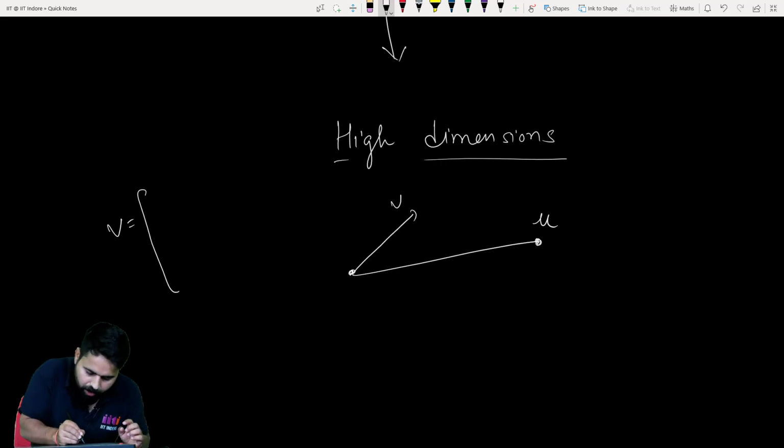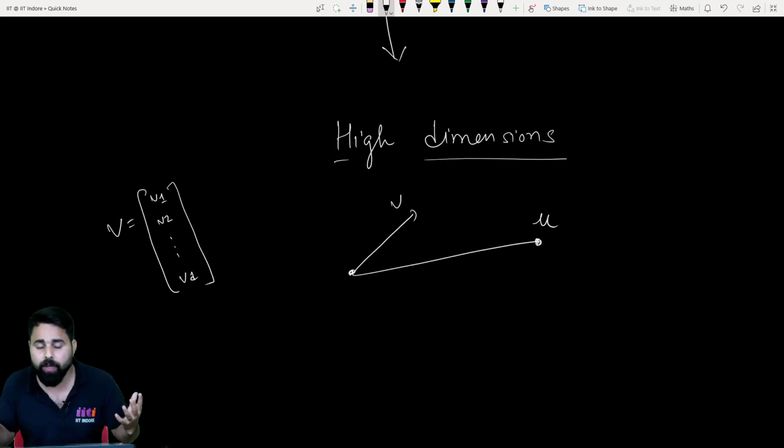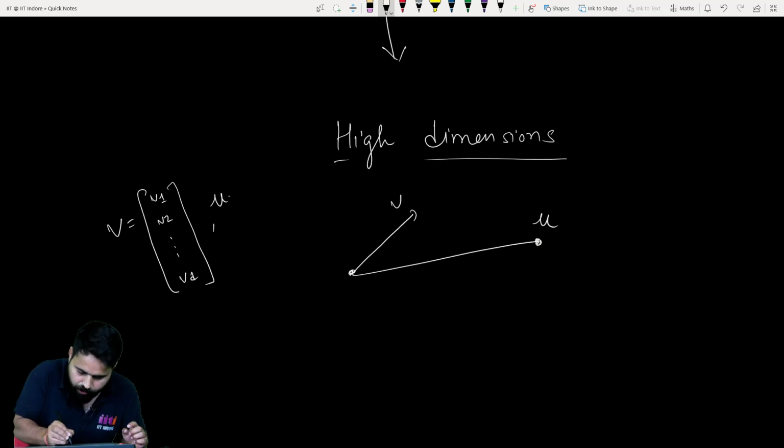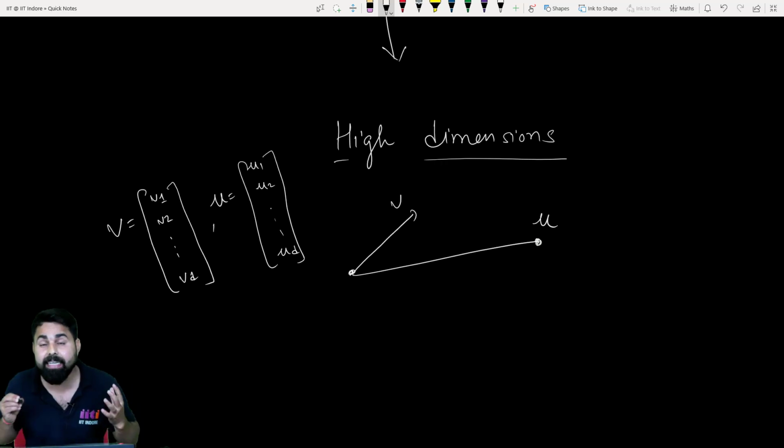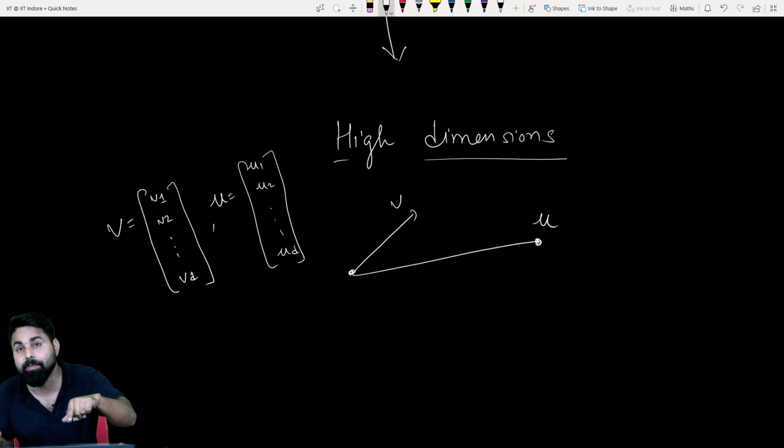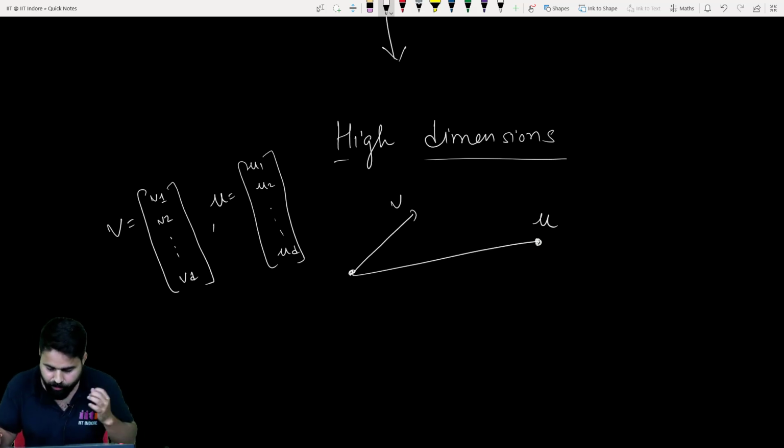Let me call these coordinates v1, v2, up to vd. Similarly, u will also have d coordinates, u1, u2, up to ud. Now these points are in your d-dimensional space. Remember, earlier they were in 2-dimensional space, so d equals 2.